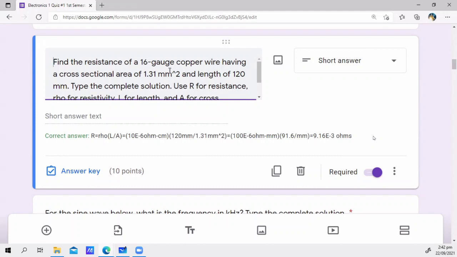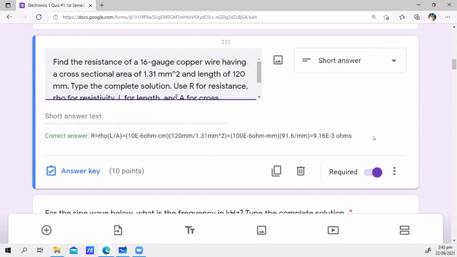So yung 16 gauge na yan, ibig sabihin ang kanyang cross-sectional area ay 1.31 square millimeter. Ngayon kung meron tayo for example 18 gauge na copper, mas manipis siya. Okay? The higher the gauge number, mas manipis siya. Tatandaan niyo yan, baliktad yung gauge. Habang tumataas yung gauge, pumapayat yung wire. Habang bumababa yung gauge, tumataba yung wire natin.